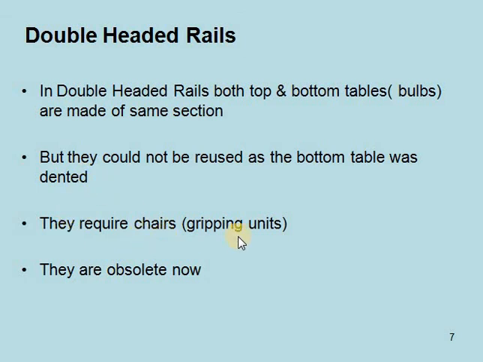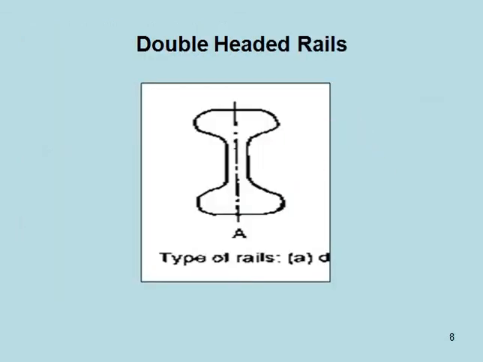They require chairs with gripping units, which act as side supports. They are obsolete now, meaning they are not used in our railways. This is the diagram you can see.